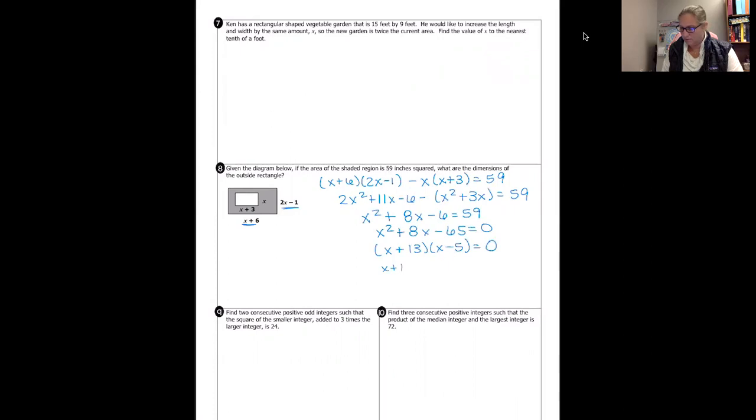So x plus 13 equals 0, x minus 5 equals 0, x equals negative 13 and positive 5. Negative 13 is going to give us a negative value, and the outer dimensions, 5 plus 6 is going to be 11 inches by 10 minus 1 is 9 inches.